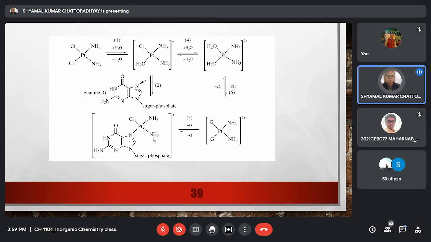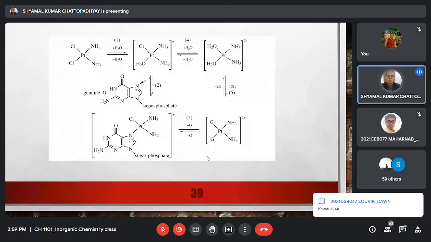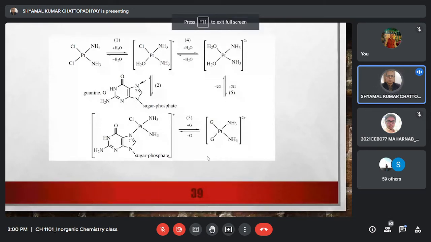Whereas for cisplatin, it is found that once cisplatin binds to DNA and distorts the DNA, there is another group of proteins in our body which is called high mobility group protein, HMGP. Those high mobility group proteins come and surround the platinum-bound DNA and protect it from the investigation of the DNA repair enzyme.